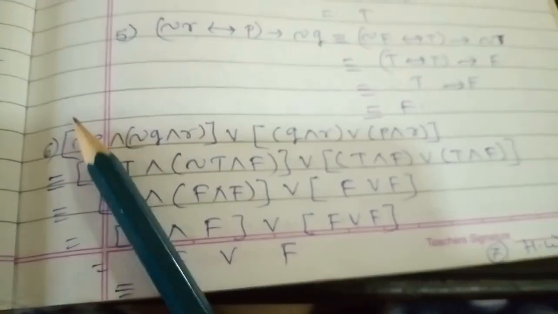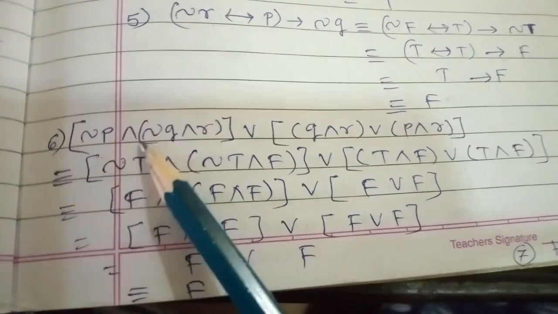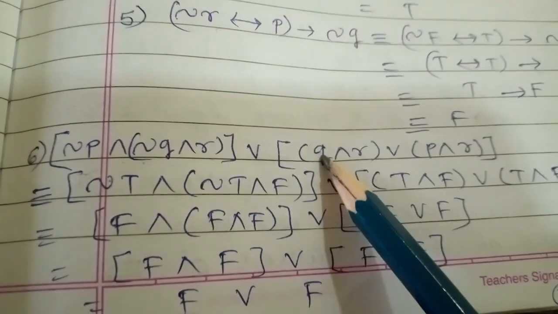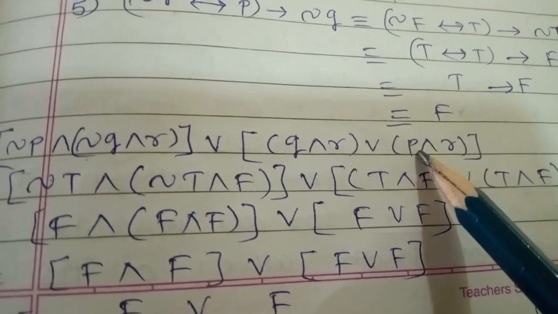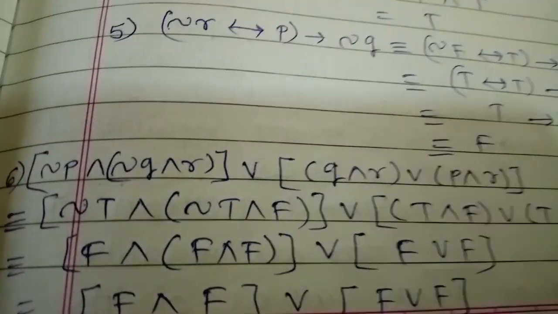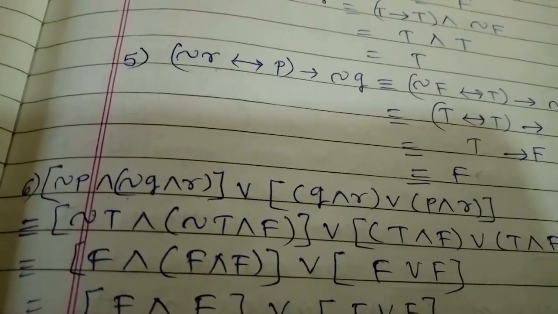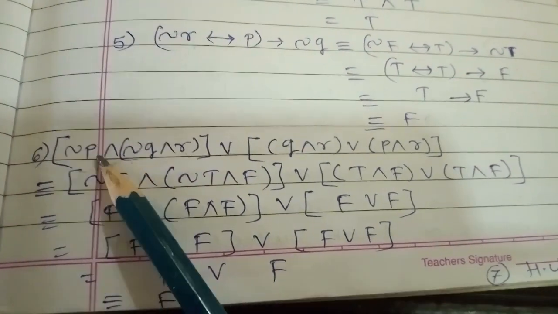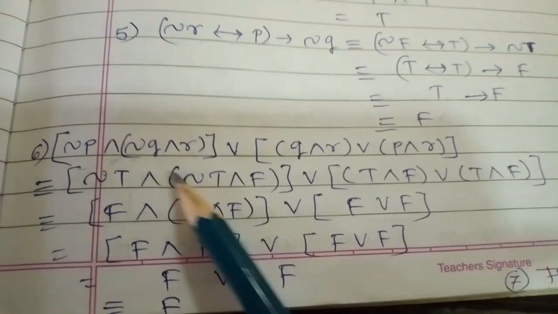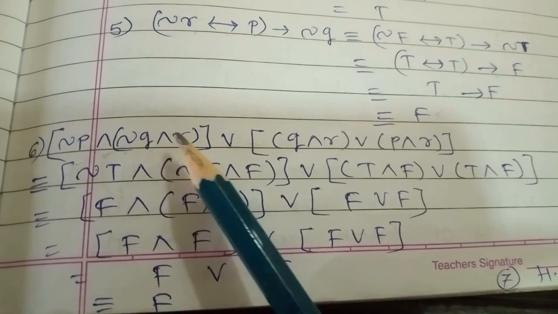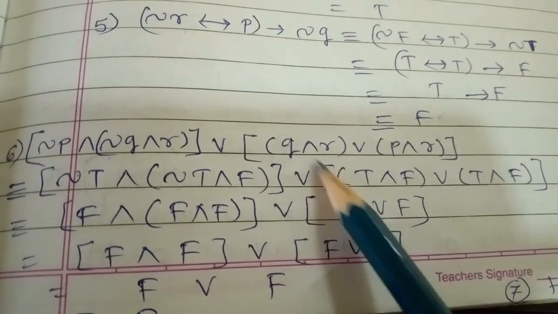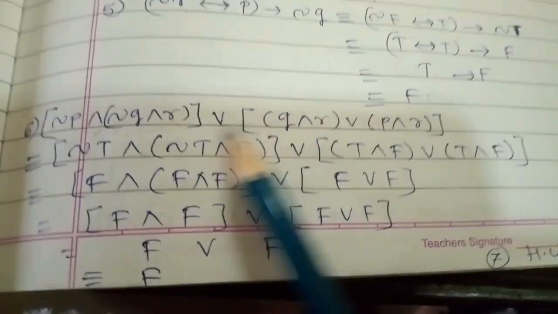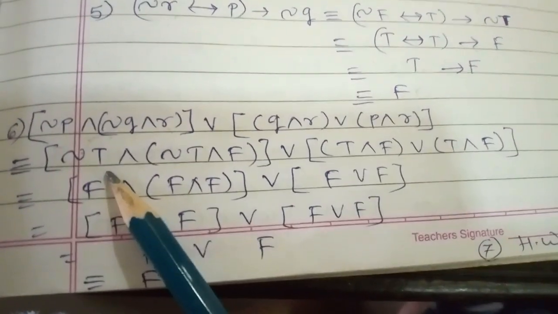Now the next example, negation of P conjunction negation of Q conjunction R disjunction Q conjunction R disjunction in bracket P conjunction R. This example is a little bigger, but we just have to put down the values of P, Q and R. So P is T, Q is again T, then R is false, again Q is T, R is false, P is T and R is false. Using the truth table we write down the answers.